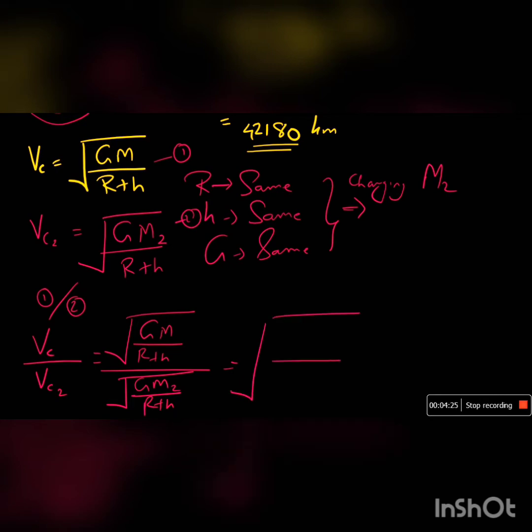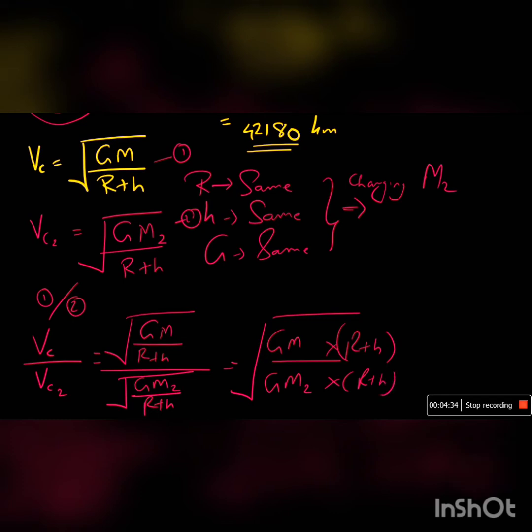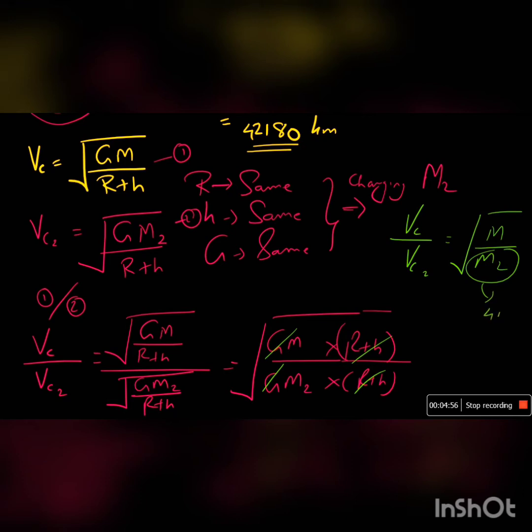Common root, this goes off, this goes off, and what we get is critical velocity in case 1 upon critical velocity in case 2 equals square root of M upon M2. But you know what M2 is? M2 is 4 times M, right?